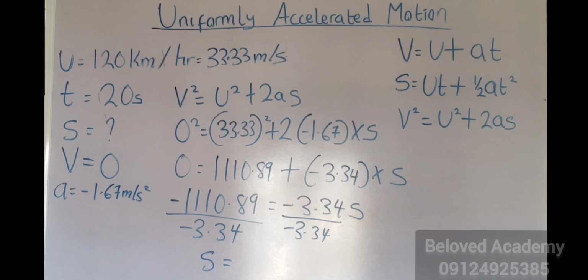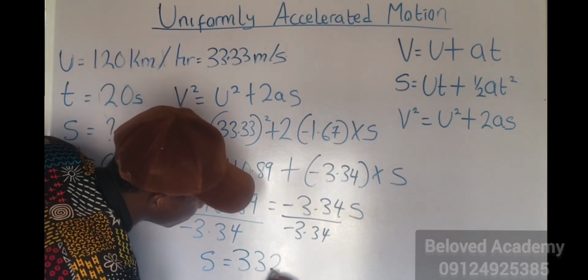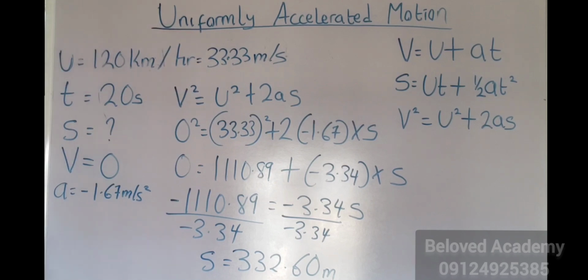That is 332.60 meters. The unit of distance is meter. So the distance that it covers after the brake is applied is 332.60 meters. You can see that the question is simple.